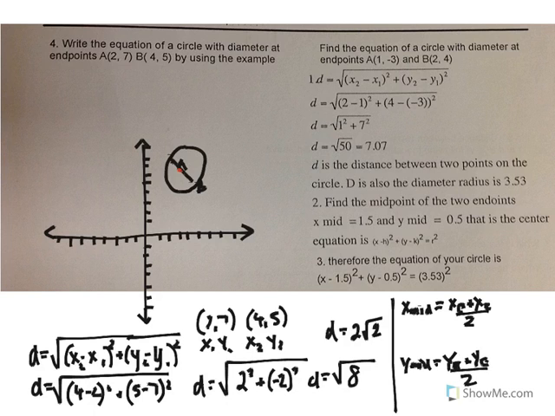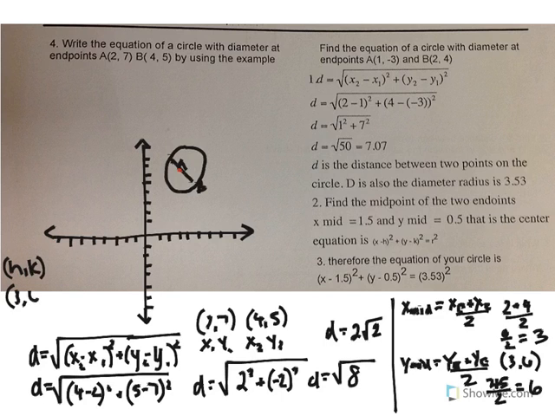For the x's, 2 plus 4 over 2, 6 over 2 equals 3. For the y's, 7 plus 5 is 12 over 2 equals 6. So 3, 6 is the center of our circle. So h, k is 3, 6. Let's check: 1, 2, 3, then 1, 2, 3, 4, 5, 6. Perfect. That makes sense in our picture.